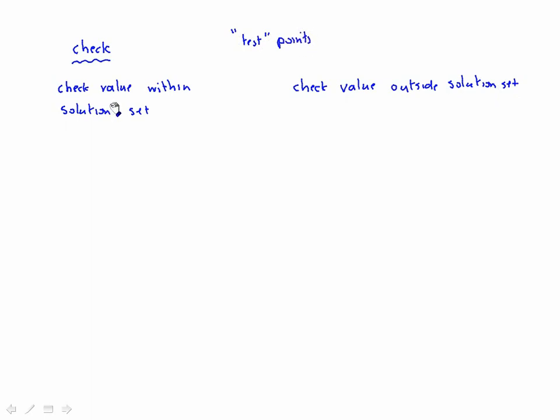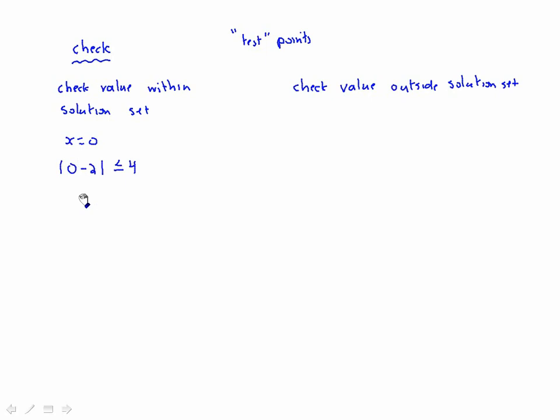So if you take a look at this problem, we were from negative 2 to 6. A nice easy one would have been x is equal to 0. And what we should get when we substitute that 0 in is a true statement. Now, we're not checking our algebra. If our algebra is wrong, then no check is going to fix that.